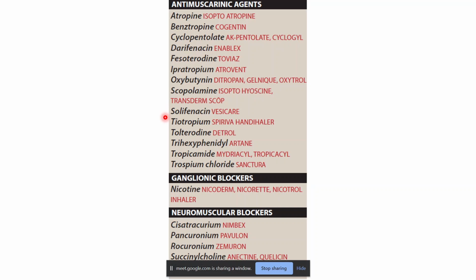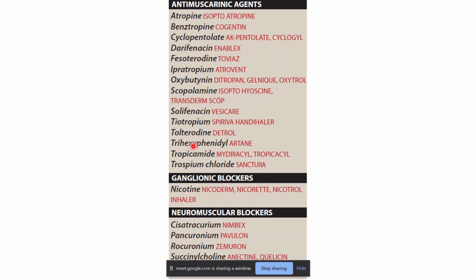Other drugs like tropicamide and tiotropium are mostly used in ophthalmology, during eye surgery or for the diagnosis of eye diseases.